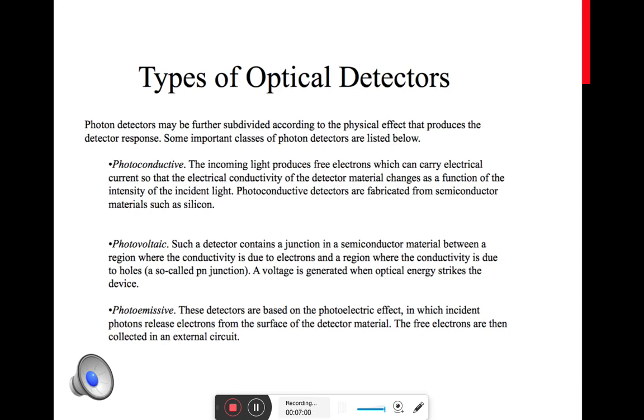When light is incident exactly on the potential barrier junction, free electrons or holes are produced, so there will be a voltage drop developed.